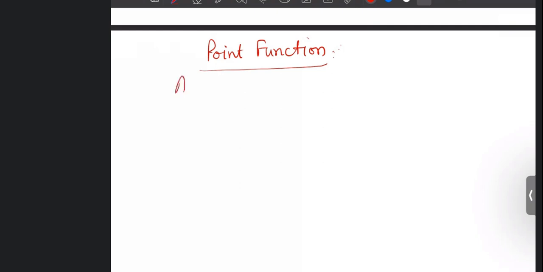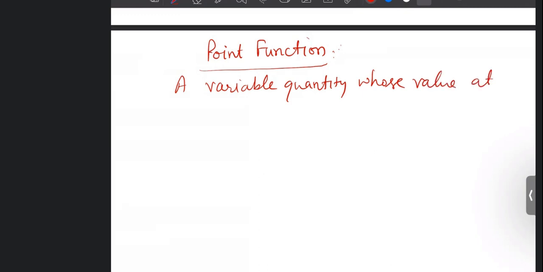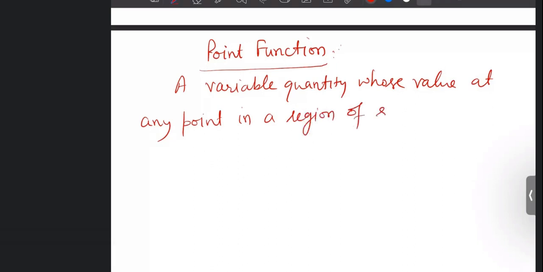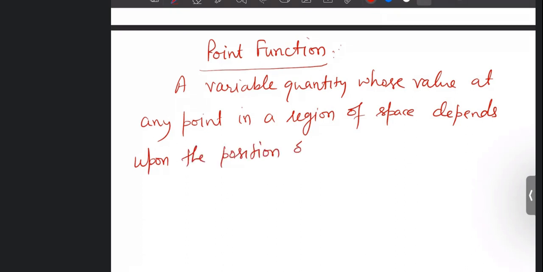A point function: that means a variable quantity whose value at any point in a given region of the space depends upon the position of the point is named as a point function.